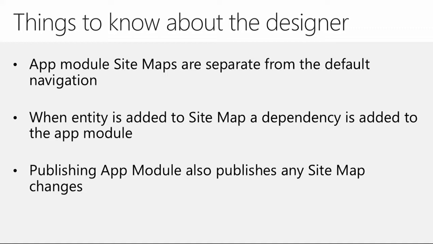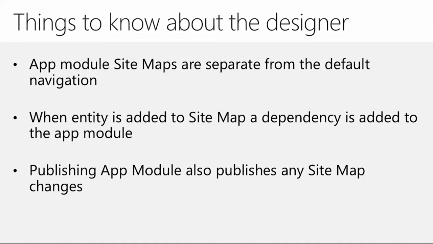When an entity is added to the sitemap, a dependency is now added to that application module. So if that entity was not necessarily in that application module before, it'll be in there now because there will be a dependency. And then when you publish the module, the sitemap changes also get published.